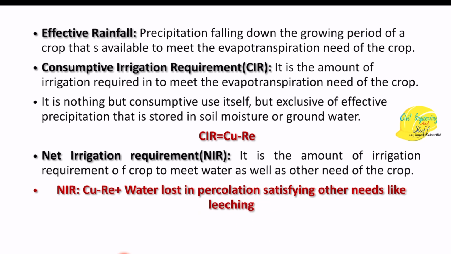So this net quantity of irrigation is what we call the net irrigation requirement. It is Cu minus Re plus the water lost in percolation satisfying other needs like leaching, etc. All right.